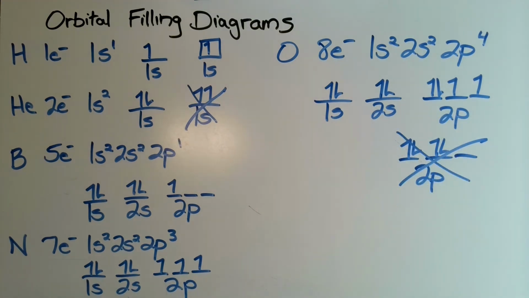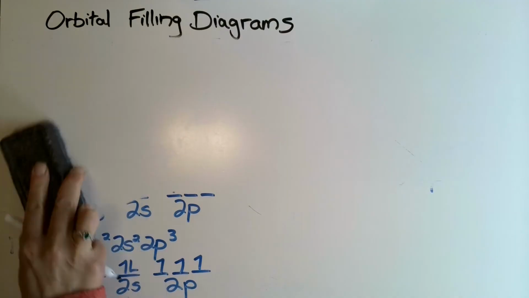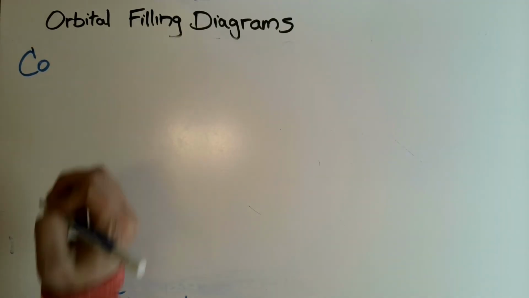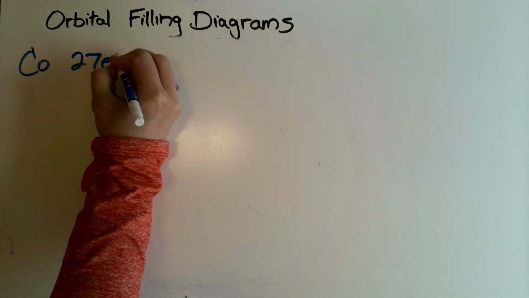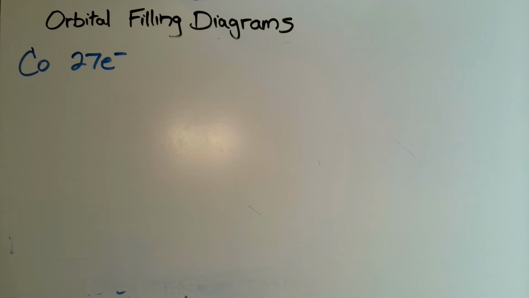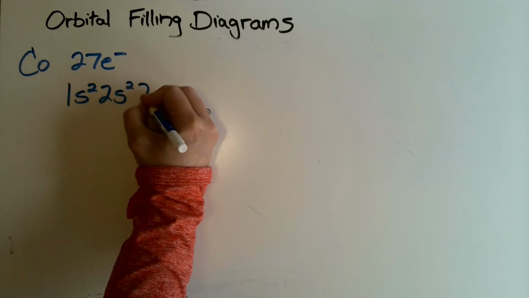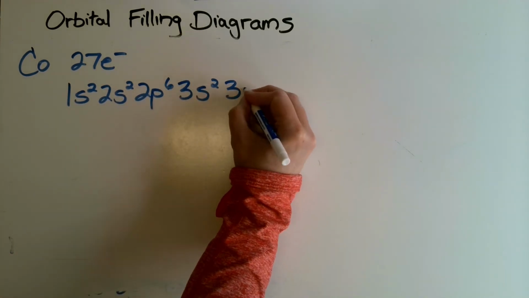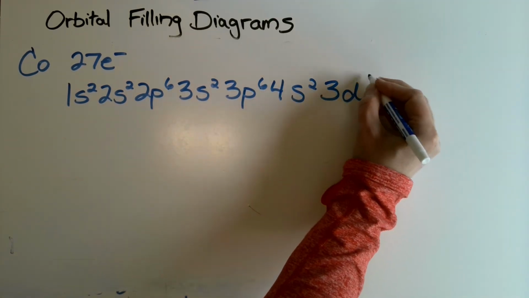So let's do something a little bit more complicated. So let's do cobalt's orbital filling diagram. And if I look at cobalt on the periodic table, it has 27 electrons, and its electron configuration is 1s2, 2s2, 2p6, 3s2, 3p6, 4s2, 3d7.